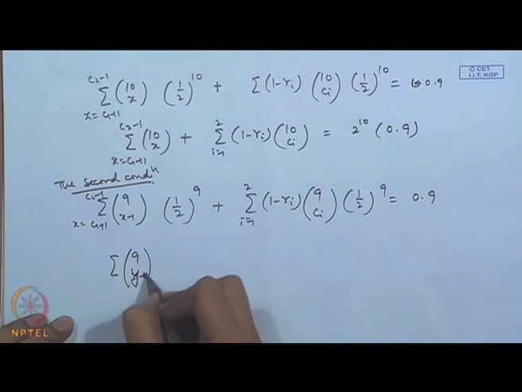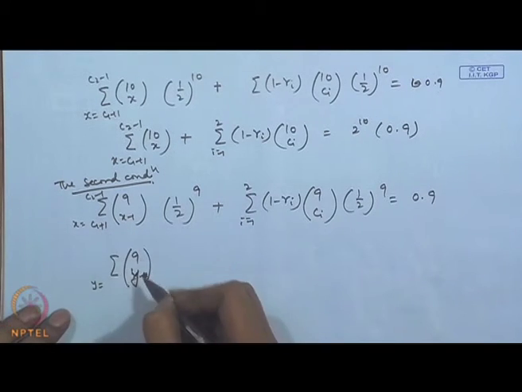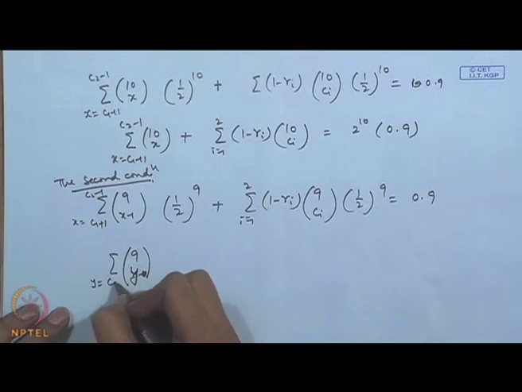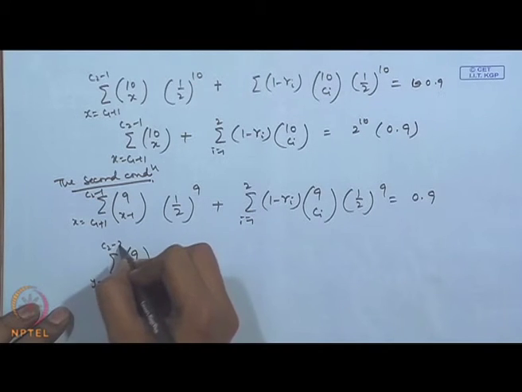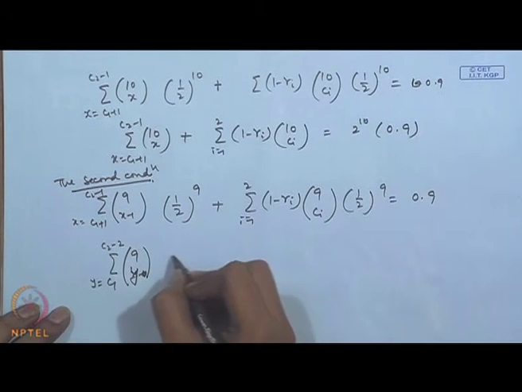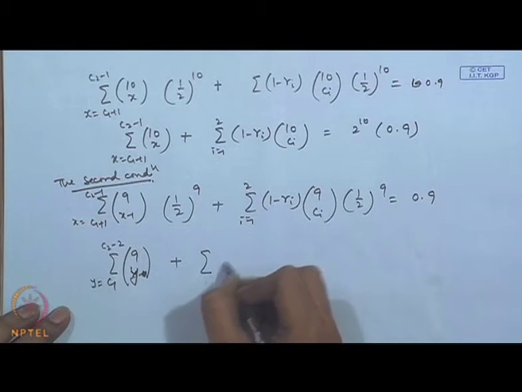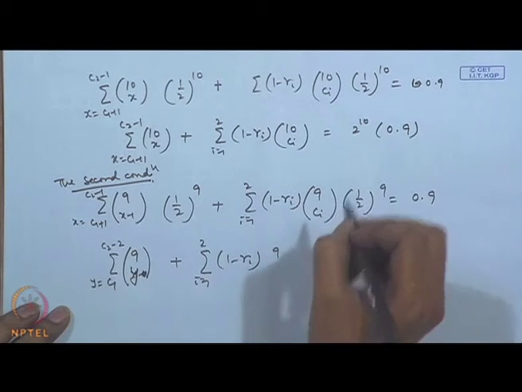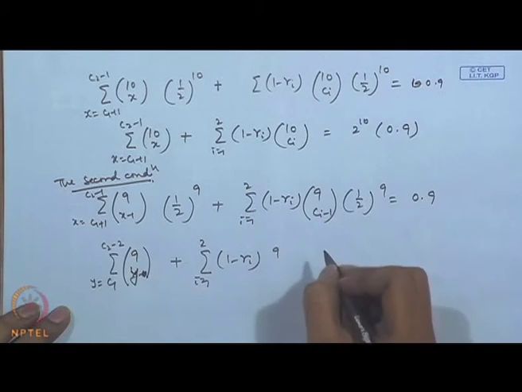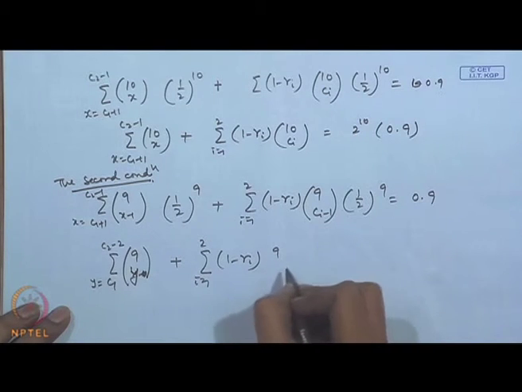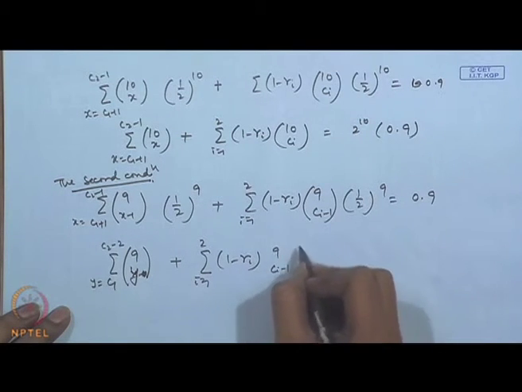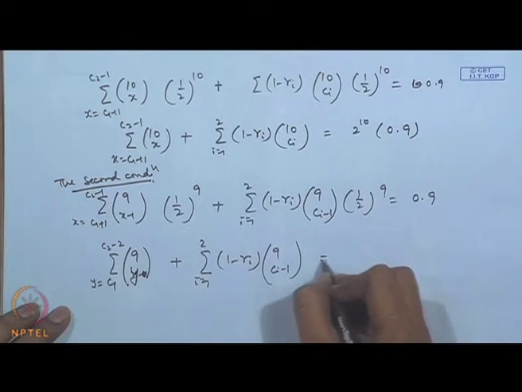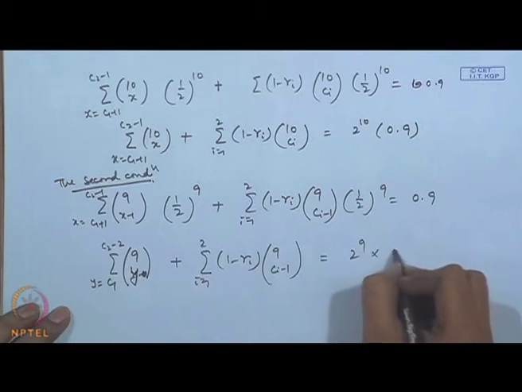We may put it in the terms of y, say I am putting x minus 1 is equal to y. So, this is from C1 to C2 minus 2 plus sigma I is equal to 1 to 1 minus gamma I 9 C, and of course, this would have become minus 1 here. So, that is C I minus 1, that is equal to 2 to the power 9 into 0.9.